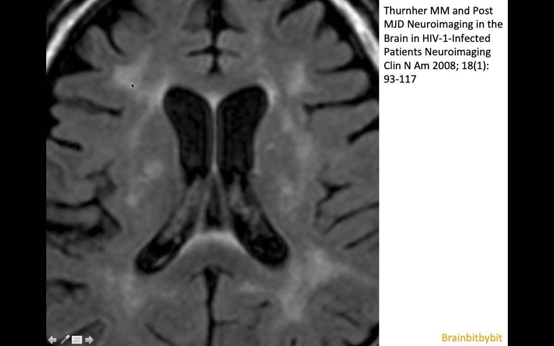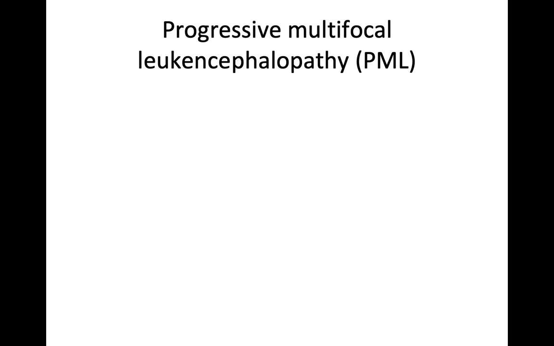I've said several times there's sparing of the subcortical U fibers in HIV encephalopathy, and that's a very important thing to pay attention to, because this is not the case in something that's in the differential diagnosis and that we are going to discuss next time, which is progressive multifocal leukoencephalopathy.